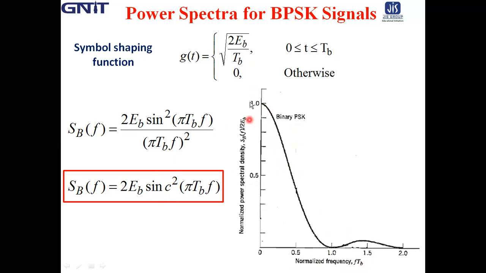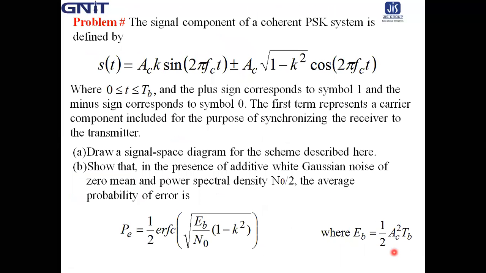So the maximum amplitude is 1 and this is the spectrum. The primary lobe is cut at 1 and the secondary lobe is cut at 2. This is all about the BPSK signal.